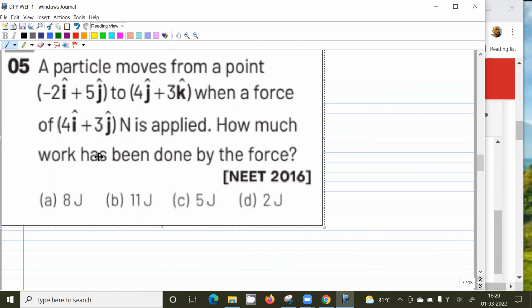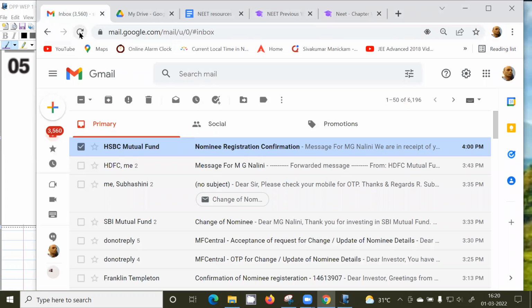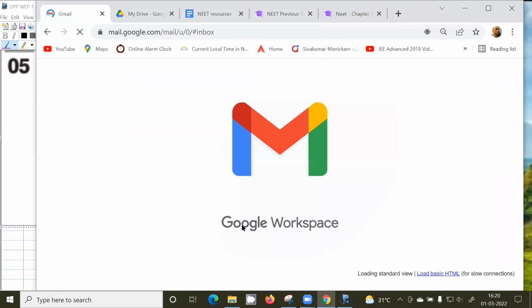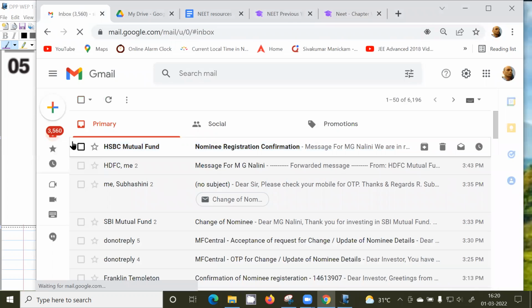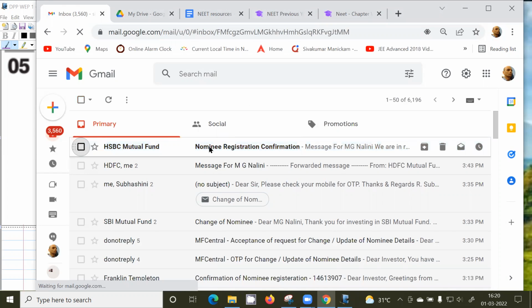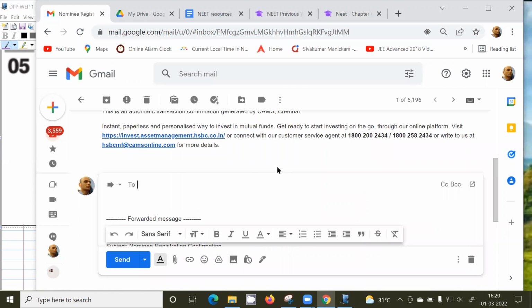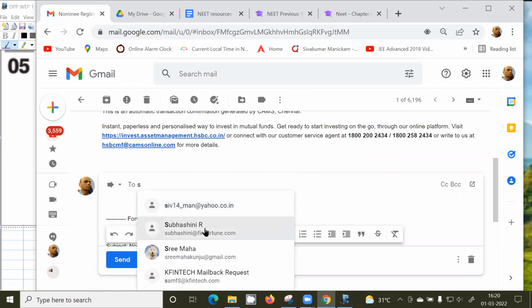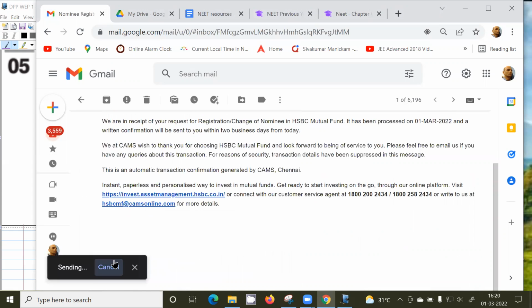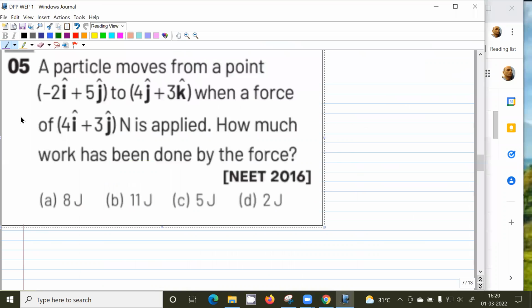So what sort of a force is this? What do you need to say about this force?